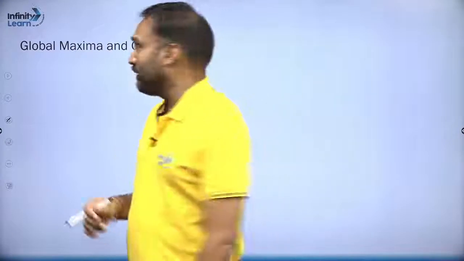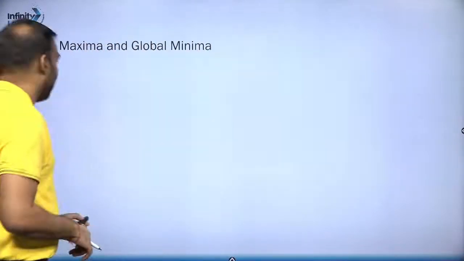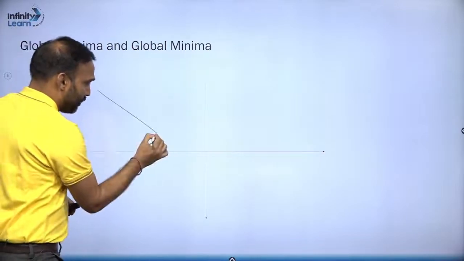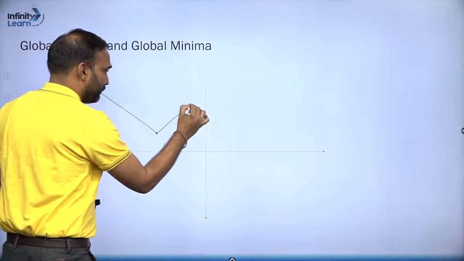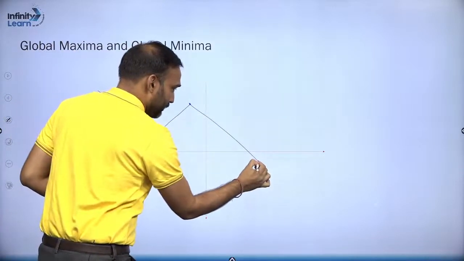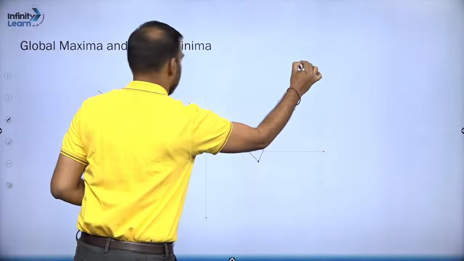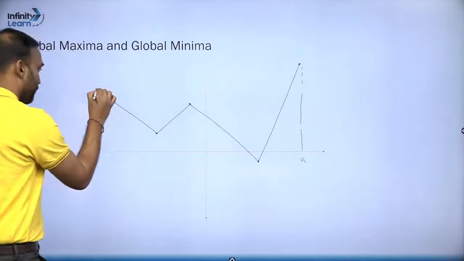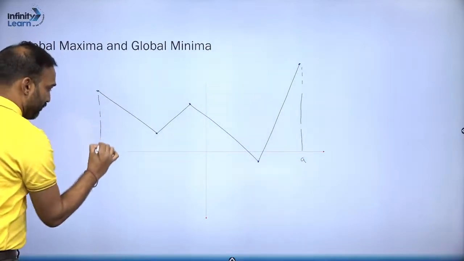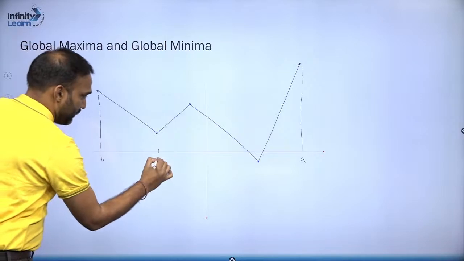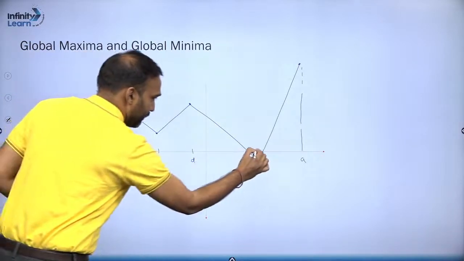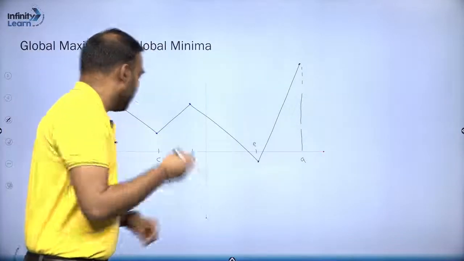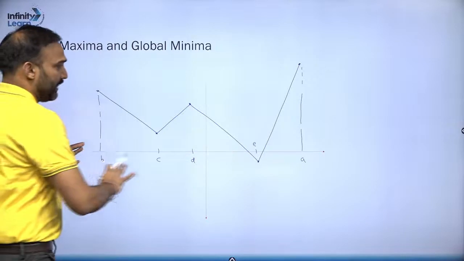So global maxima and global minima, if I draw a graph, try to understand the global maxima and global minima. Let me plot a graph. So this point is A, B, C, D, E. So I have drawn a rough sketch for you guys. Now if you observe over here, there are certain values.